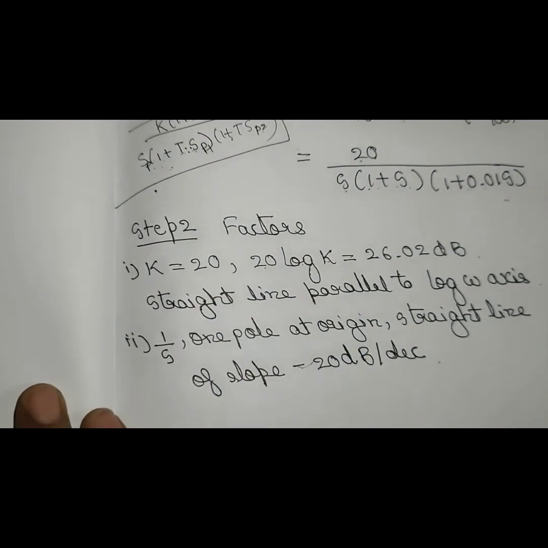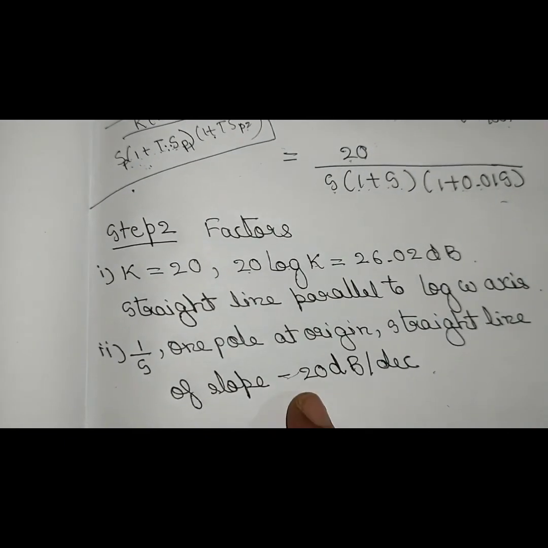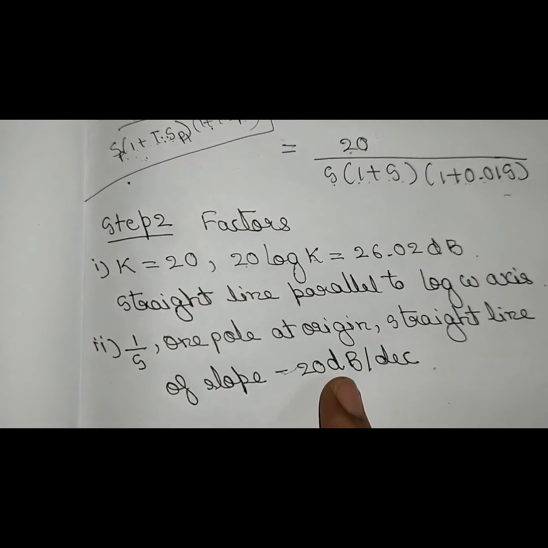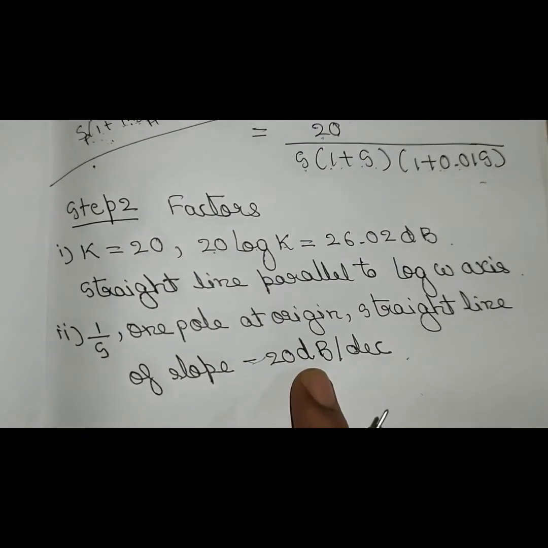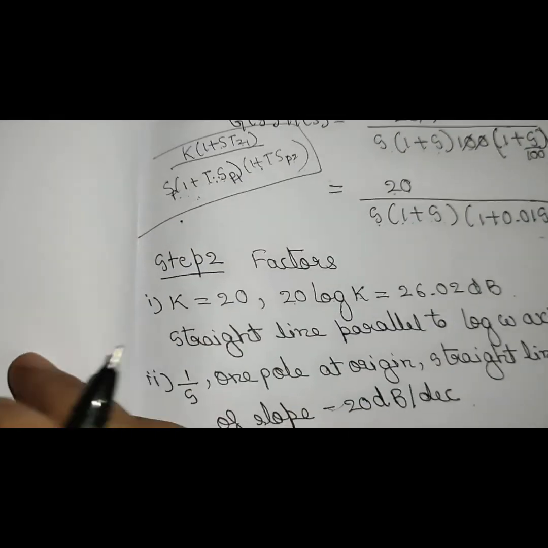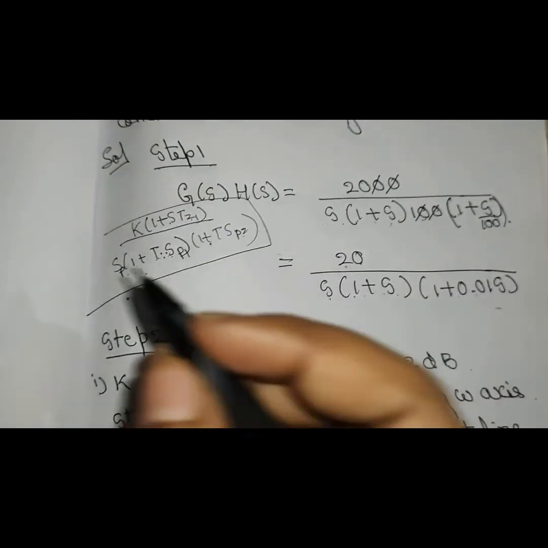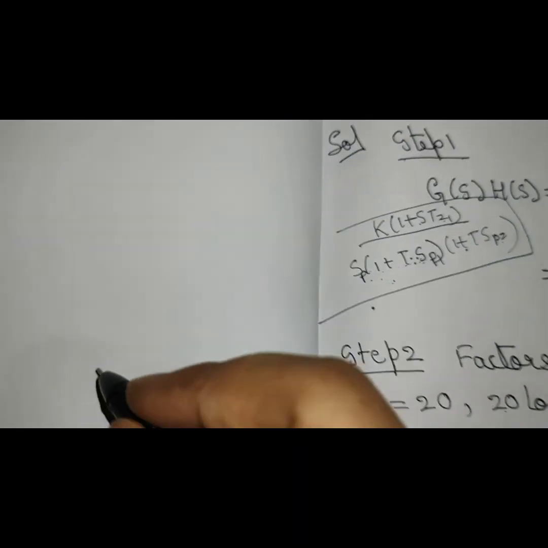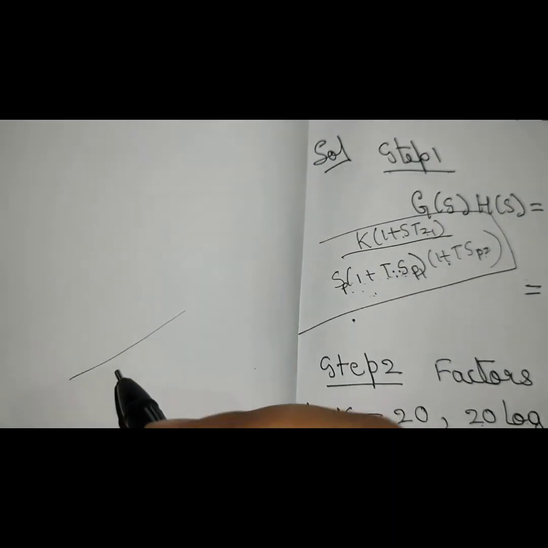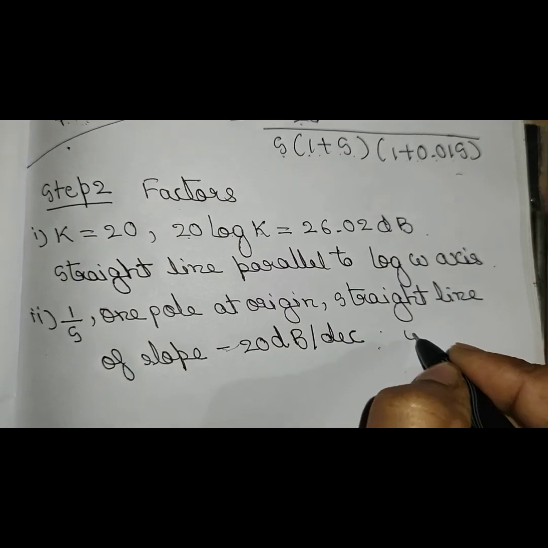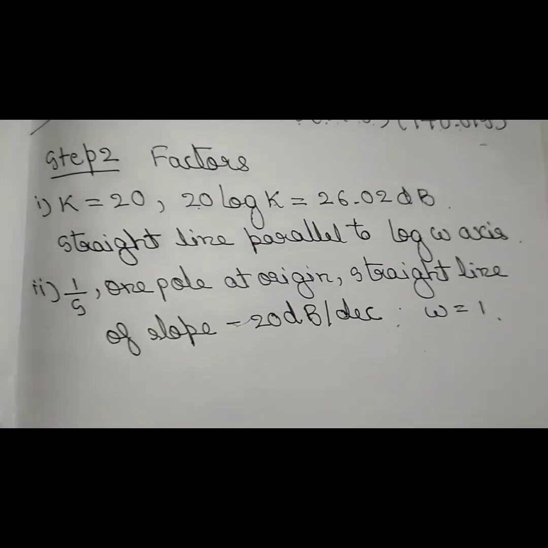One thing you need to remember is, for poles we take minus 20 decibels. If it is a zero, then plus 20 decibels. For negative slope you will get a line going down like this till omega equals 1.